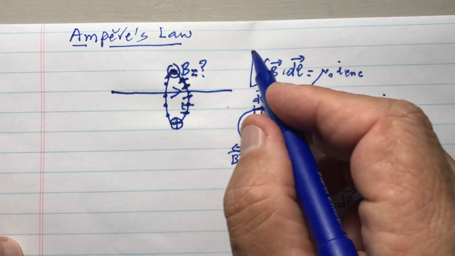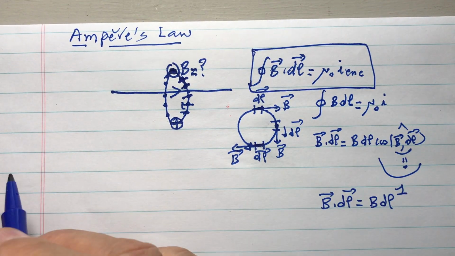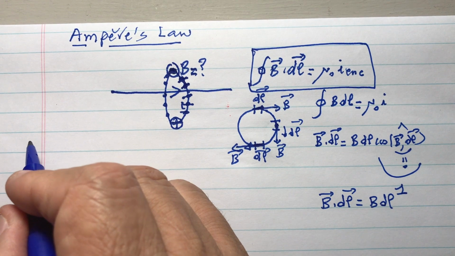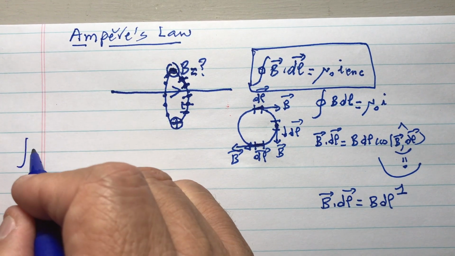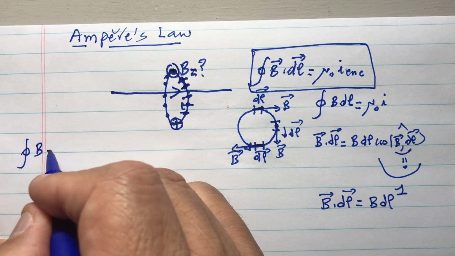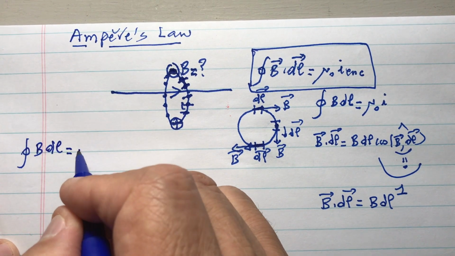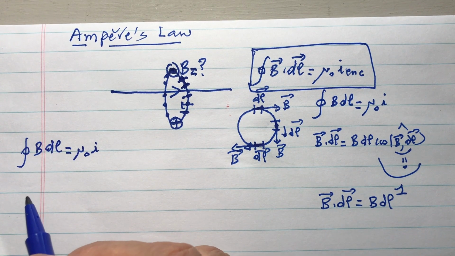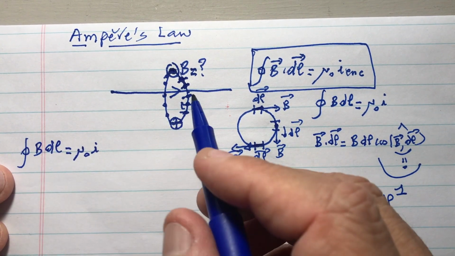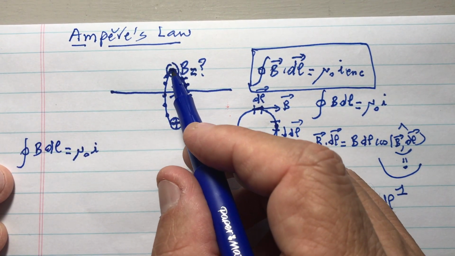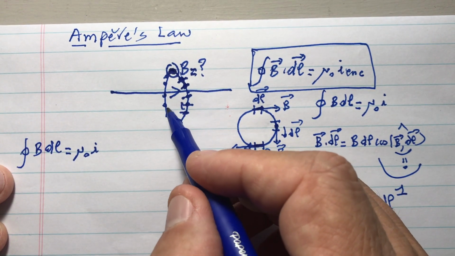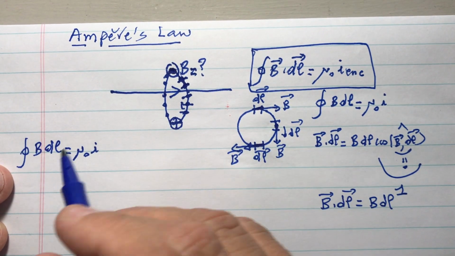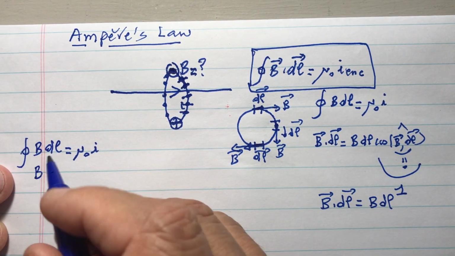Now we go back to our original equation and write the integral of B dl equals mu 0 I. I told you that the B field is constant all over the Amperian loop, so the B field can come out of the integral.